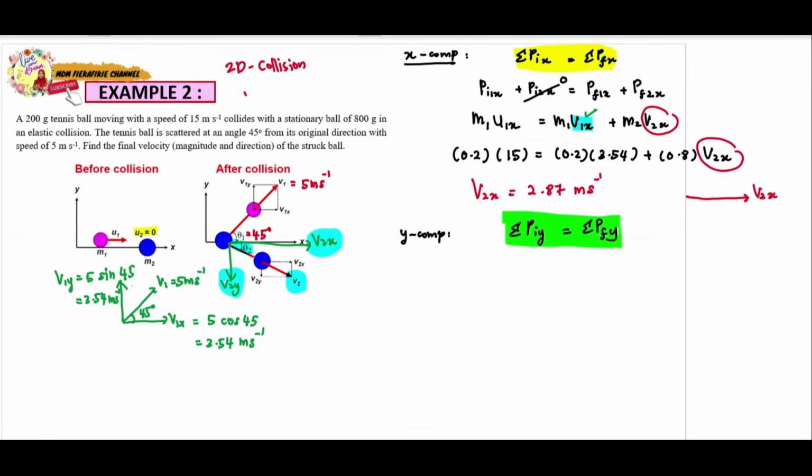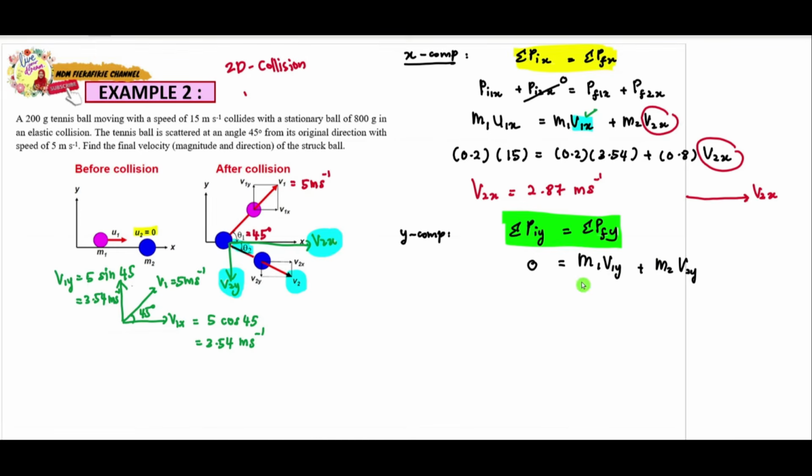Initially, both object are moving in X component. Okay, so dia bergerak dekat sini sahaja. Okay, so tak ada. So saya terus tulis kosong. Okay, so kosong kat situ. And it's equal to, after collision, so kita akan ada M1 final velocity untuk mass 1 in Y component plus M2 pun ada final velocity of mass 2 in Y component.